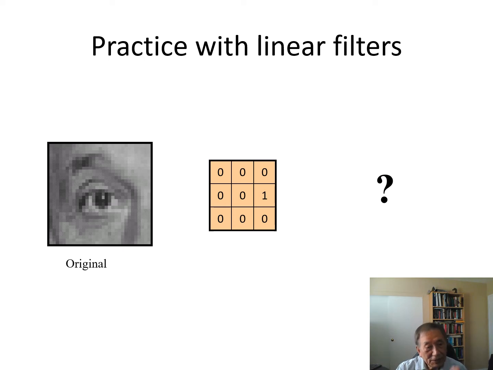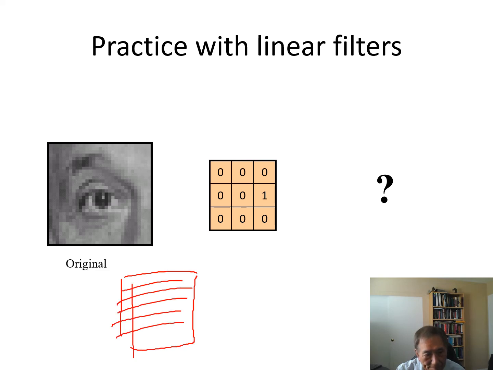Then if there is a 1 on the right hand side in the filter, what would happen? Suppose that we have this 3 by 3, and the center value is what we had in mind, but because of a 1 in here, the value on the right will be moving.